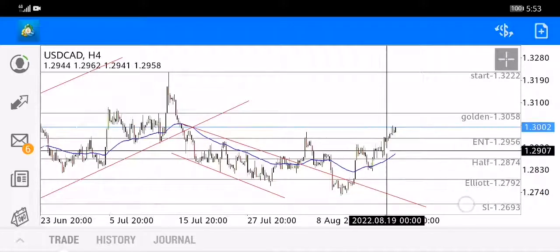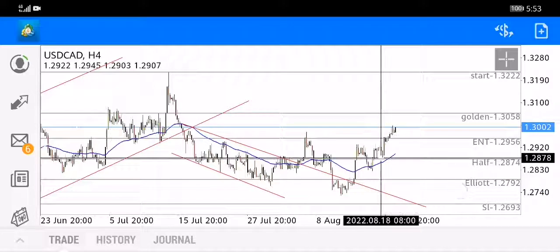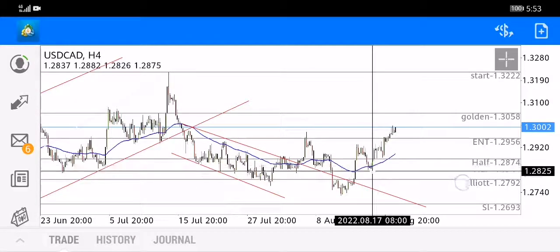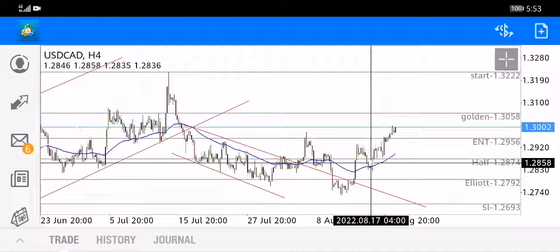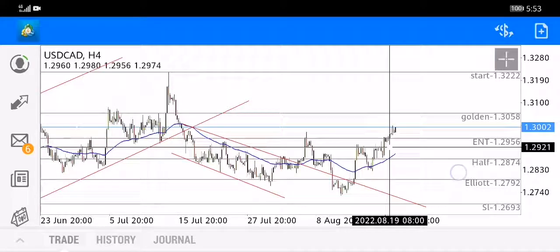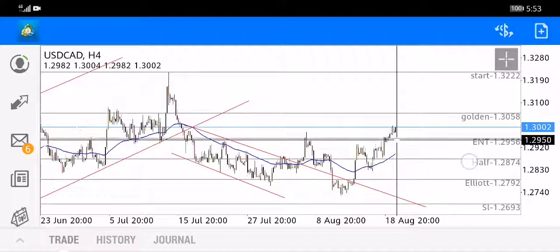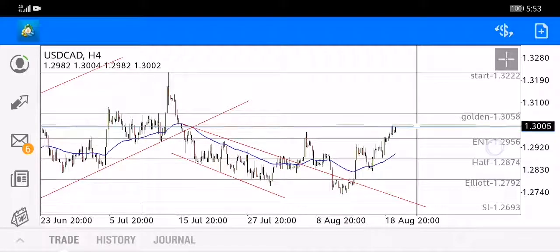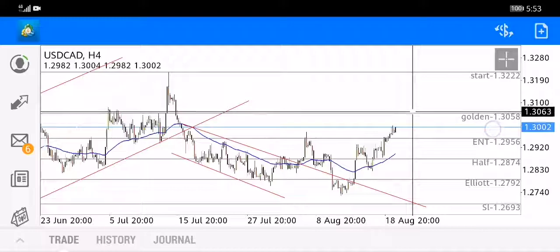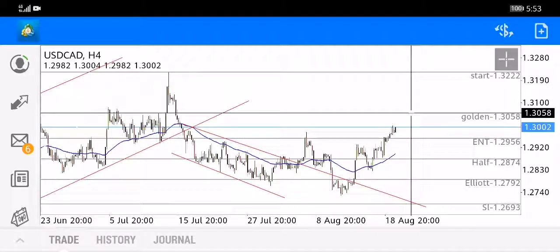In the previous days, the market was trading above the 1.2874 level, and we suggested that unless the market is trading above the EMA 50, the EMA 50 continuously pushes the price toward the next level. Our suggestion for today, unless the market is holding above the 1.2950 level, it has the ability to go toward the 1.3058 level today, because the oil market is bearish, so this pair is continuously going in the upside direction.